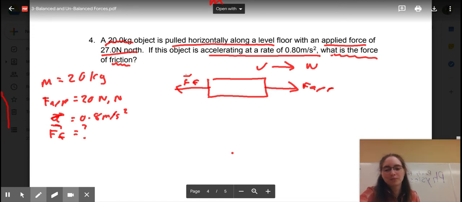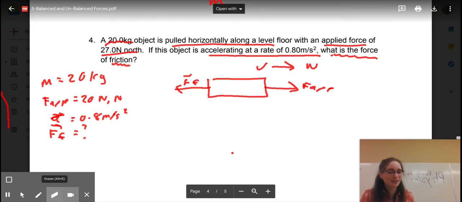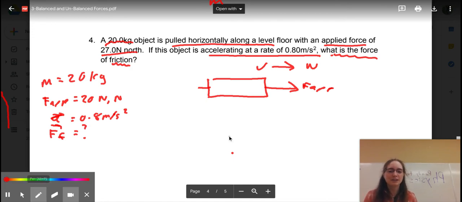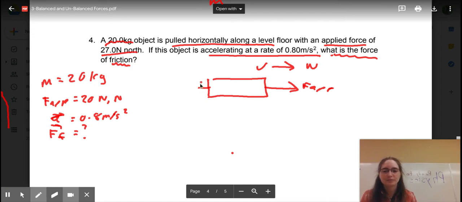It's not obvious that one's bigger than the other. So if you draw your vector diagrams like this, you're going to lose points. I have to obviously see, when an object is accelerating, that those arrows are truly different in size. So I'm going to fix that. Now I have my force of friction significantly smaller than my force applied.